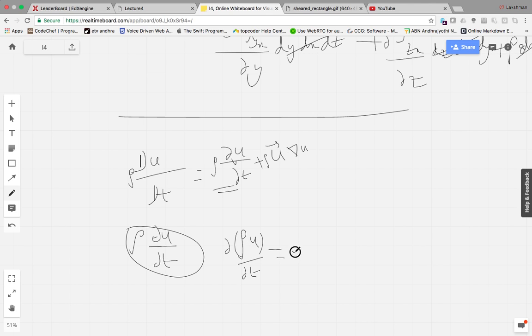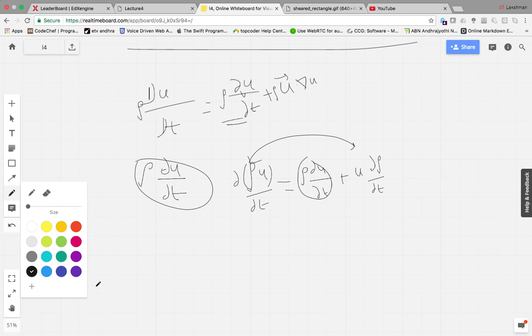From standard definitions you can simply write this as rho del u by del t plus u del rho by del t. So you have this expansion for this derivative, and now rho del u by del t is this term equal to this minus this. We will be substituting that there. Just keep that in mind.